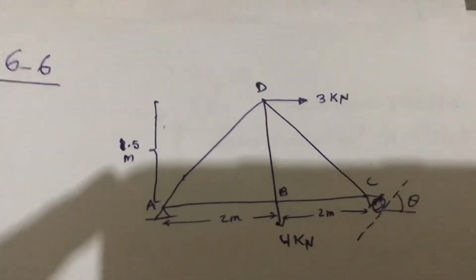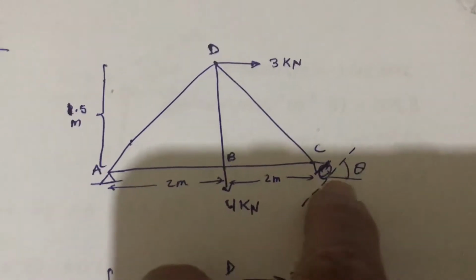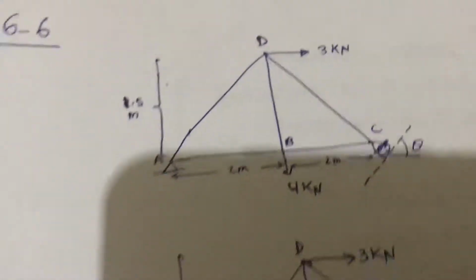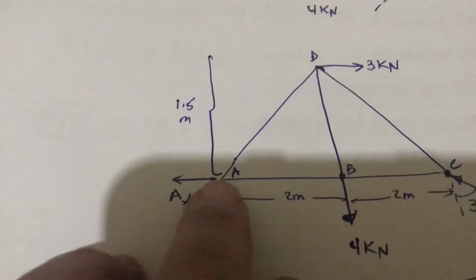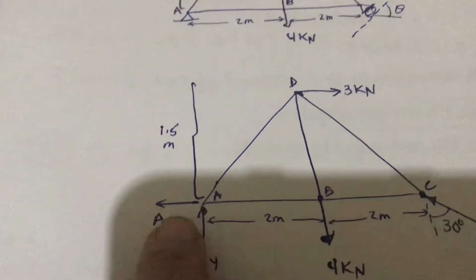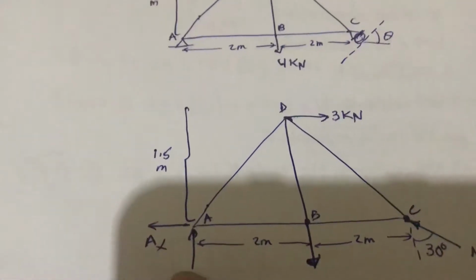Okay, so this ruler will have one reaction that way, and you have to redistribute the loading right now. You should assume that AX goes that way and AY that way. If the AX answer is negative, then you should take it the other way. So let's just take it like this, AX and AY like that.